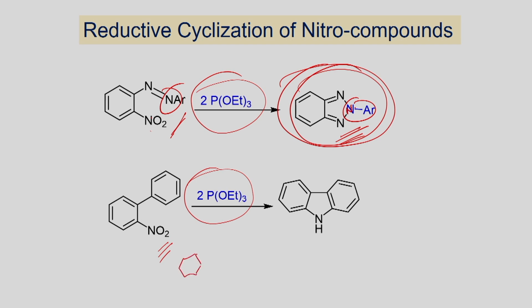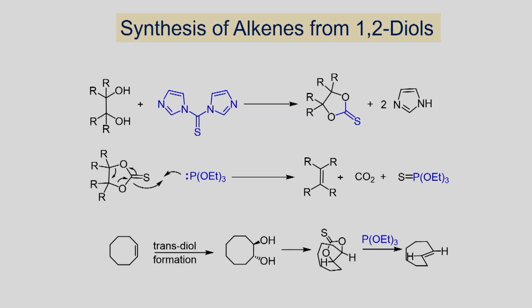Once the nitrene is formed, as we have just seen, it can react here, and you will be able to form this, which can further convert, and in this way you will be able to make this carbazole as the product.